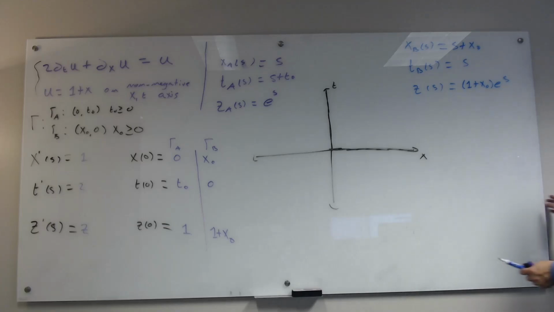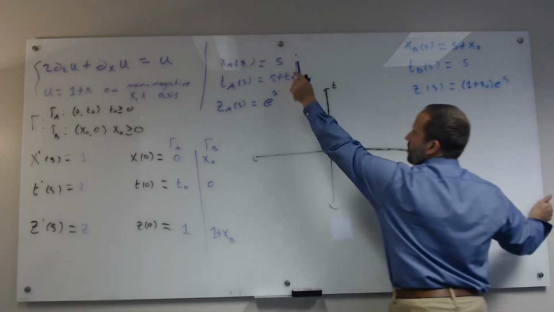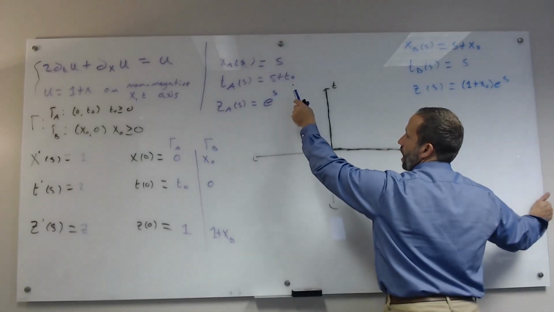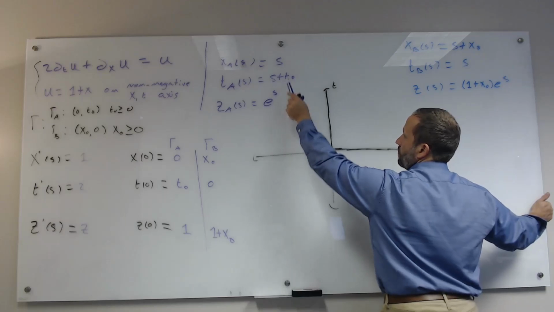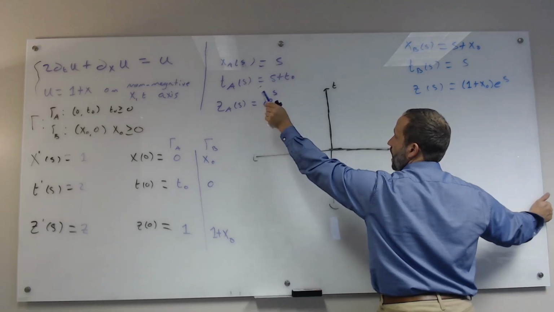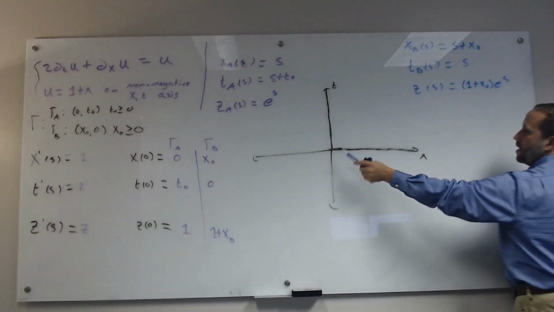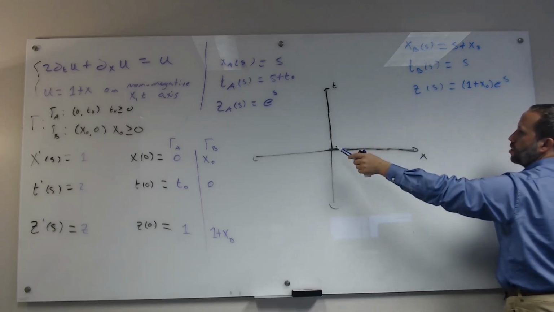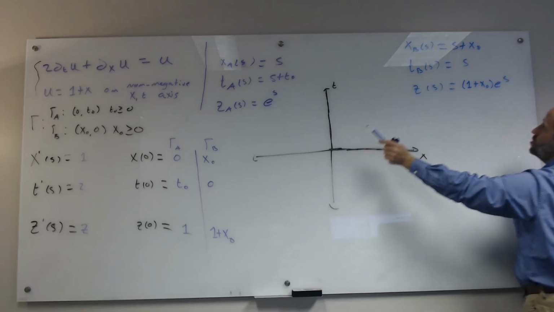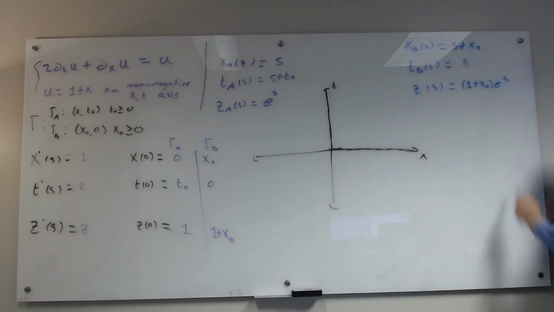So notice that if we look at the origin there, and I look at this example over here, t naught is equal to 0, and so we've got x_A(s) is equal to s, t_A(s) is equal to s. And over here, if I look at x_B, when x naught is equal to 0, x_B is equal to s, and t_B is equal to s.